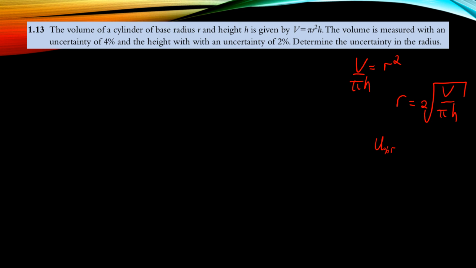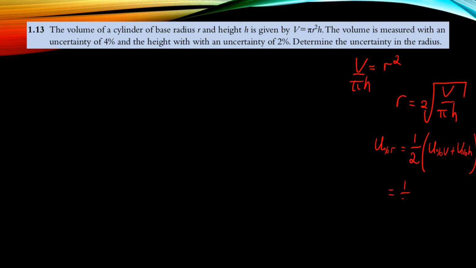There we are. It's going to be, well, whatever this thing in the square root is to the power of a half. So it's going to be half as much as what's in the bracket, which is the percentage uncertainty on v, plus the percentage uncertainty on pi, which there isn't one, plus the percentage uncertainty on h.